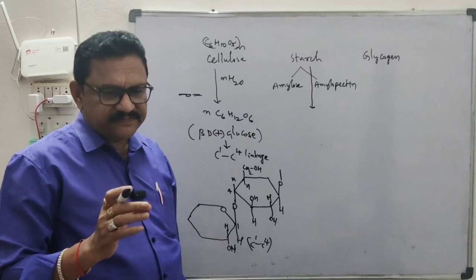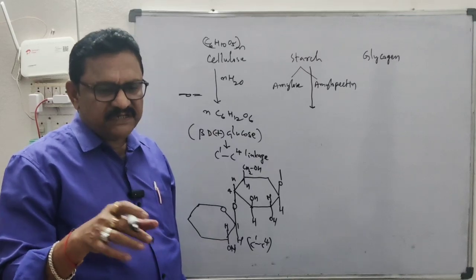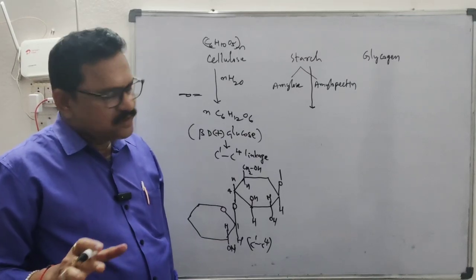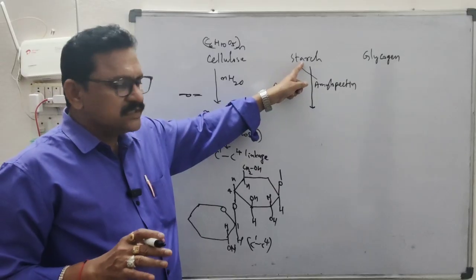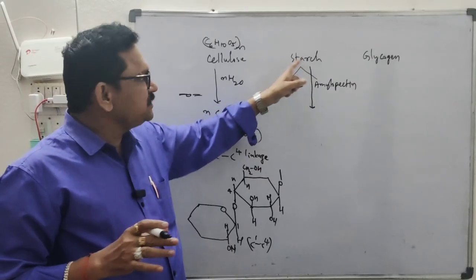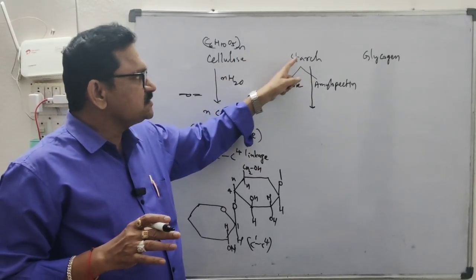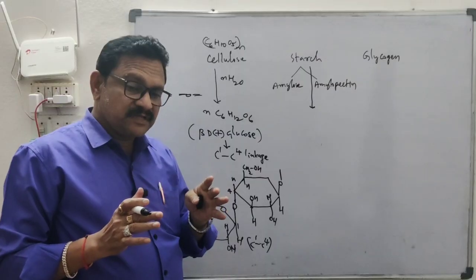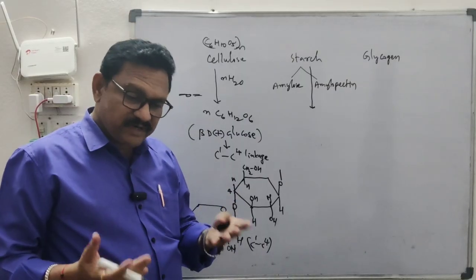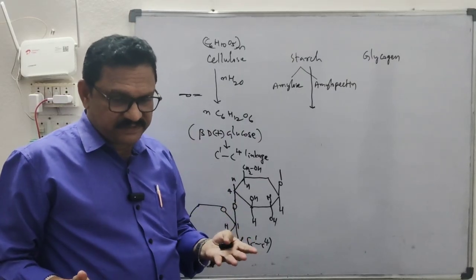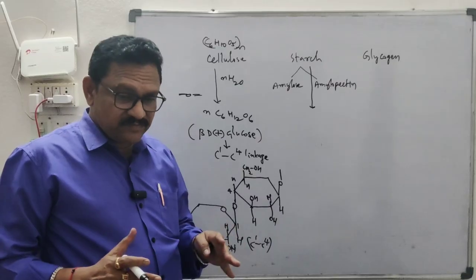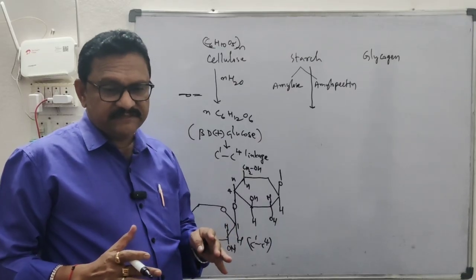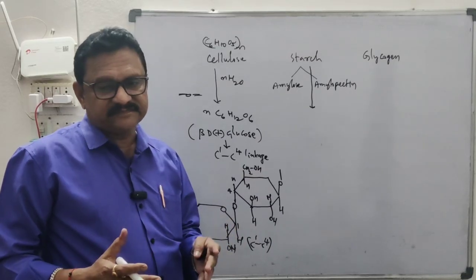That means starch is partially soluble in hot water. Of course, this is a store of energy, particularly starch and glycogen. All those give energy to bodies, animal bodies, human bodies. They serve the energy and they store the energy.